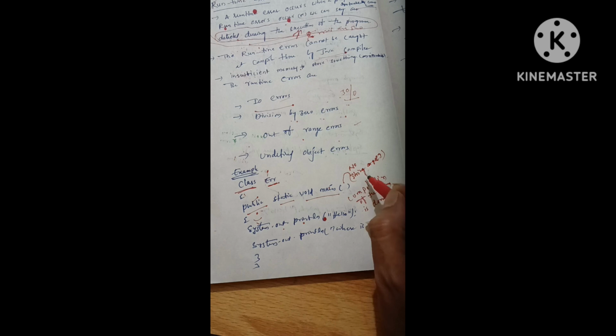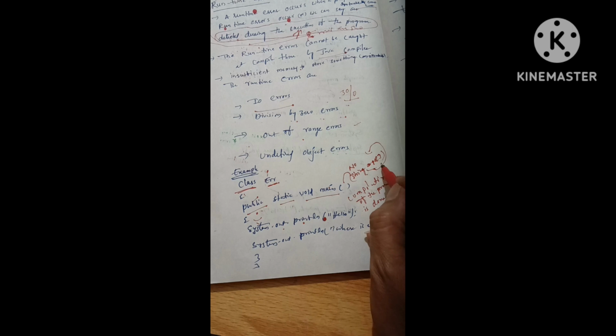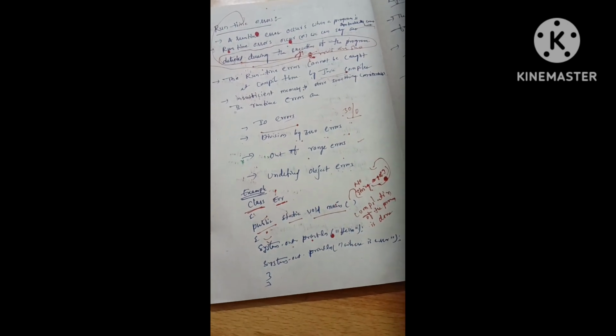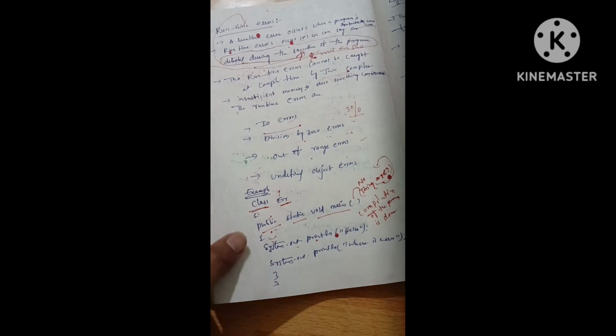Only this error shows at execution time. Our main method does not contain String args. This error does not arise at compilation time, only at execution time. These types of errors are called runtime errors.